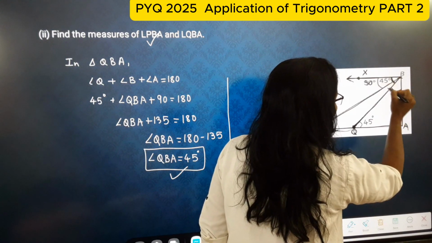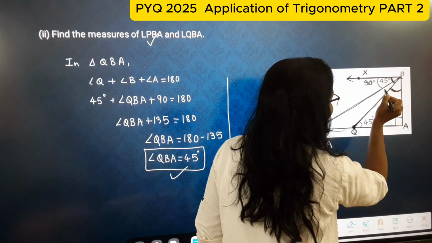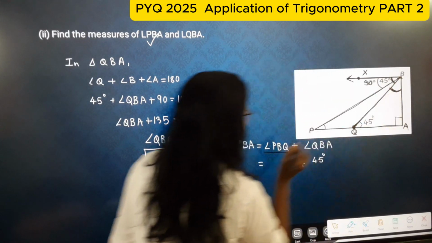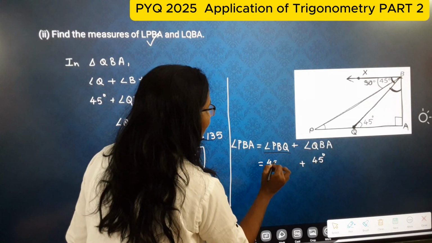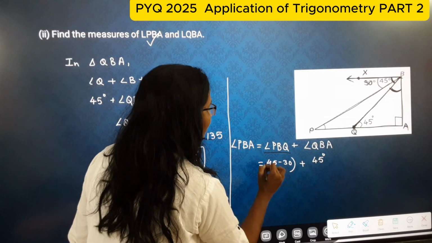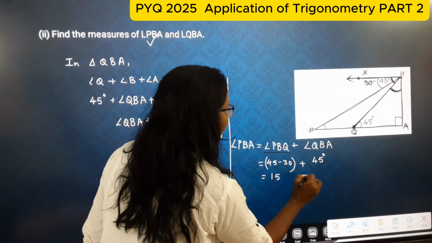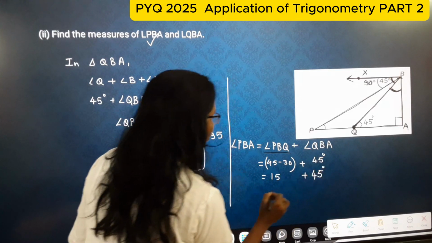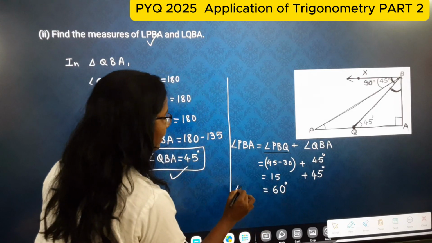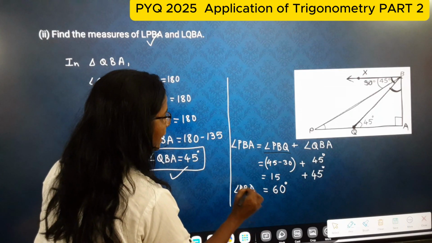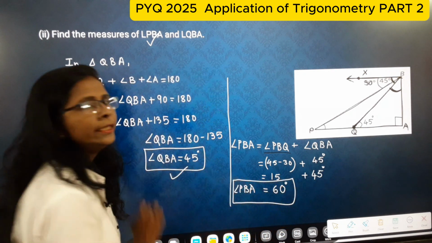Okay, that angle here also 45 degrees, and this one angle is 30 degrees. So that means 45 minus 30, equal to 15. 15 plus 45 degrees. Okay students? So that means here the angle is 60 degrees. So angle PBA is equal to 60 degrees.